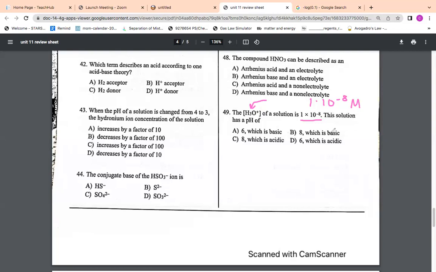So we want to know what is the pH of this solution. If you plug in negative log of 1 times 10 to the negative 8, also if you're using scientific notation in a calculator, please make sure that you use parentheses because some calculators are very sensitive. We put this in and we get 8, which is basic. Again, anything above 7, basic.